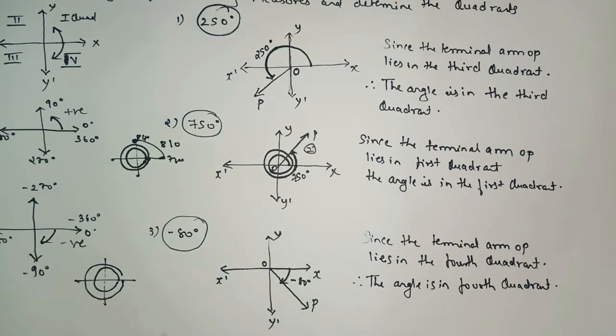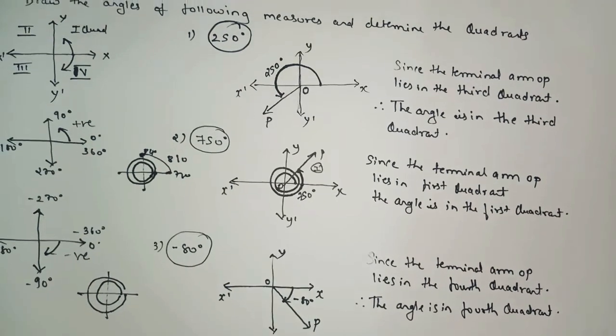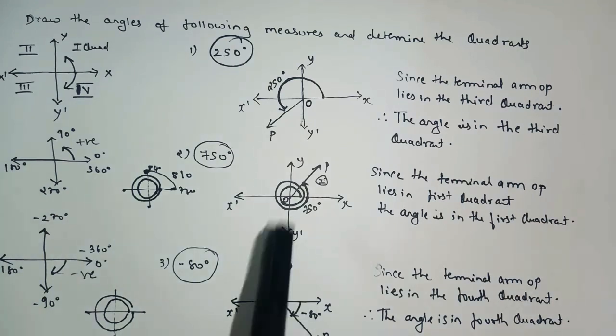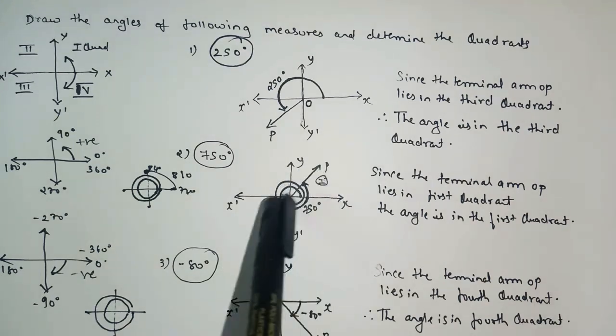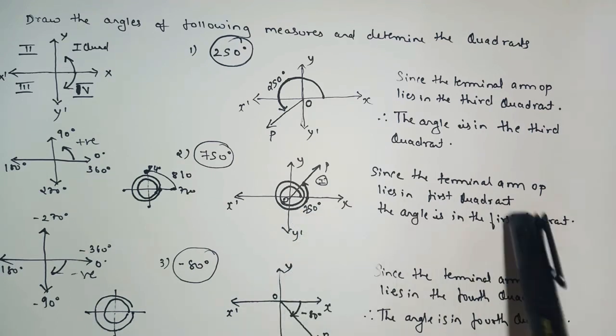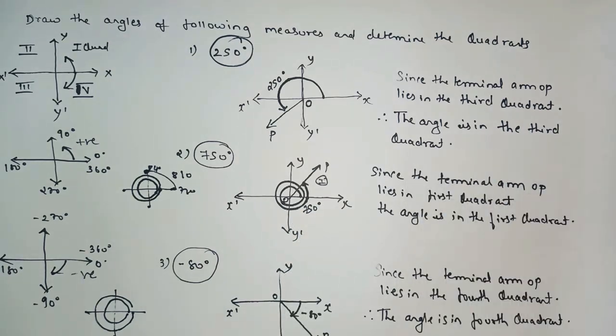I hope you all understood the method, the sum, how to draw the angle for the following measure and to determine the quadrant. Simply by showing this rotation, you can draw this rotation, draw this terminal arm and write the angle, and just simply write the answer in which quadrant it lies. It lies in the first quadrant.